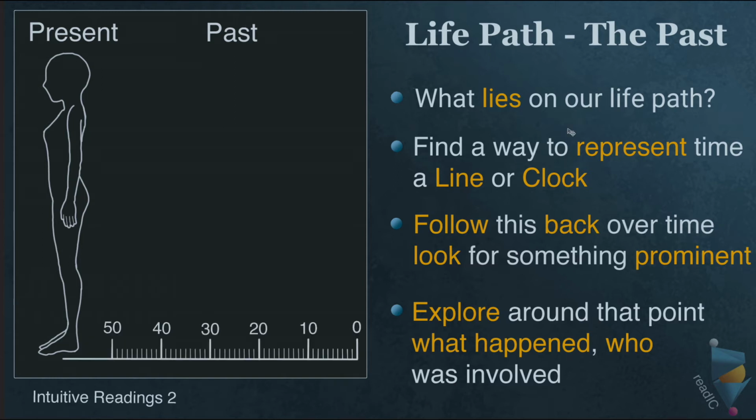The first thing we can do is represent the time as the start of life, which in the past is going to be at 0, and then it's going to go up to however old we are now. You can shift the person on that timeline if you know how old they are. If you don't really know how old they are, you can reference the age.